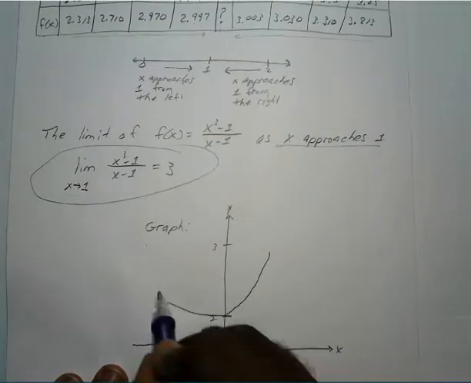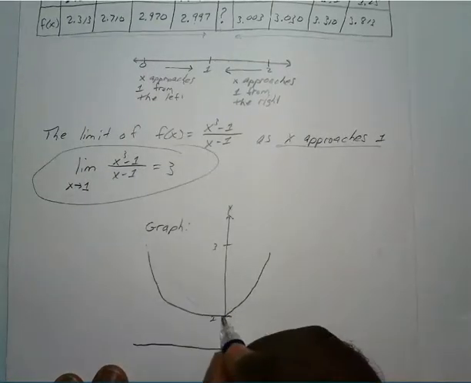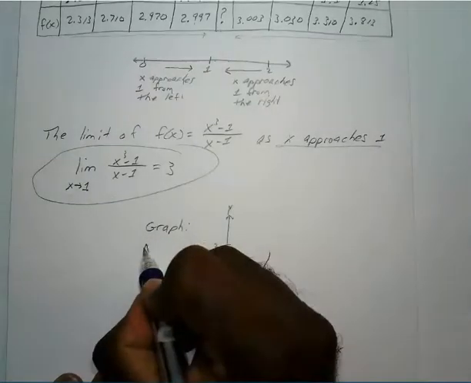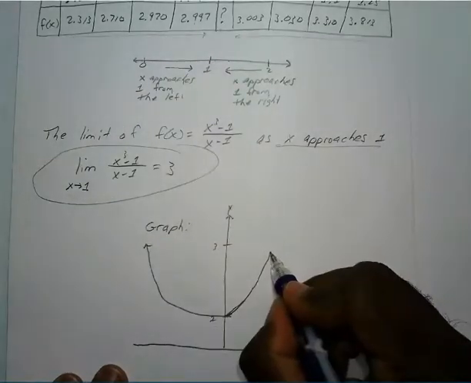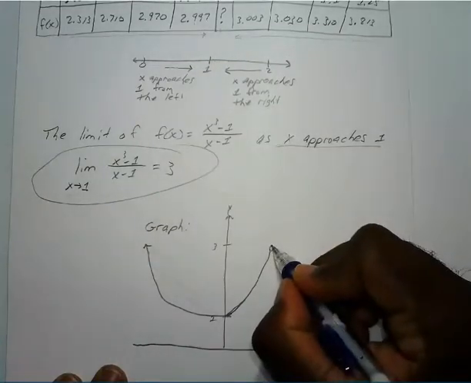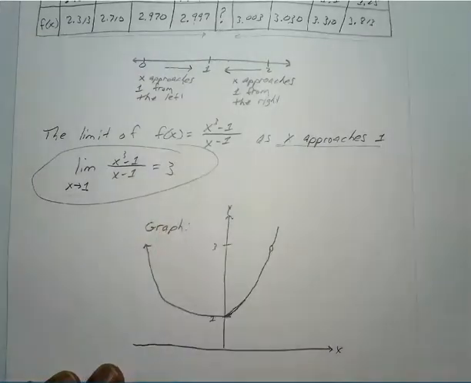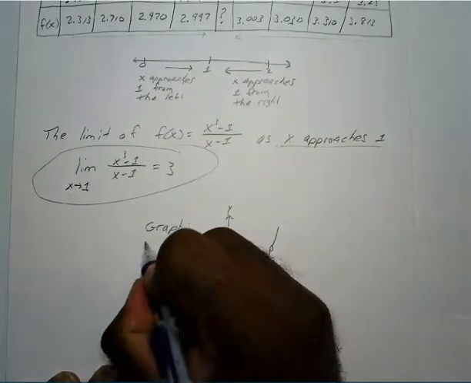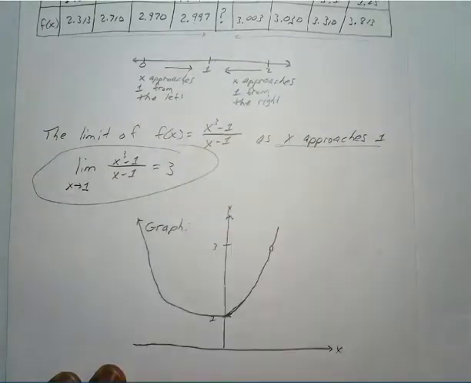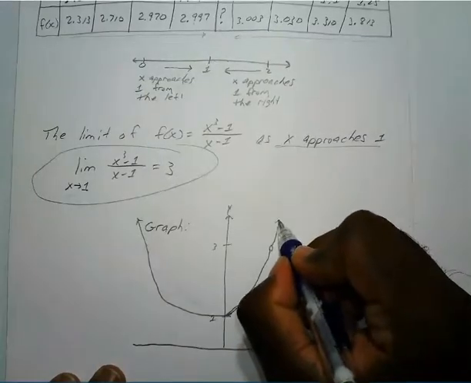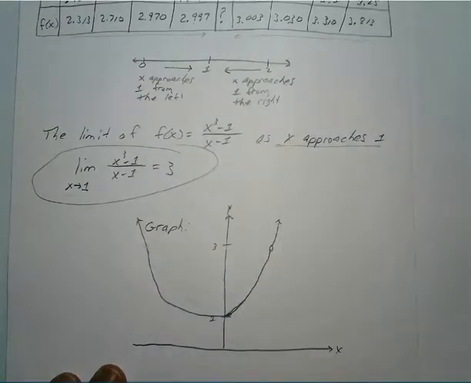Okay, so it will look something like that, but as it gets here, you may bring this up just a little bit more. So it kind of looks like a parabola. Of course, if you put it in your graphing calculator, it would look a whole lot neater.